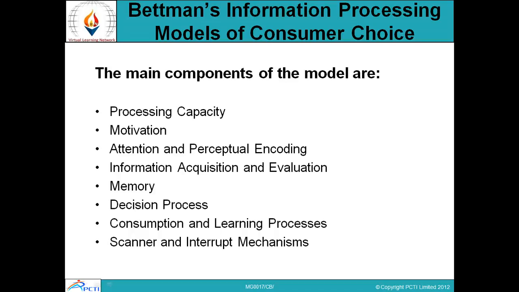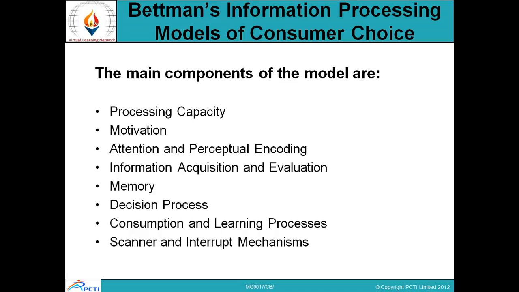Then comes the decision process. The ultimate decision on the brand is the consumer's, and the consumer takes the decision. This decision process works on various information and the perception of the consumer. And then finally, the consumption and learning process. When I say consumption and learning process, it is the experience gained through the consumption of that product after buying it, as well as the decision process stored by the consumer.